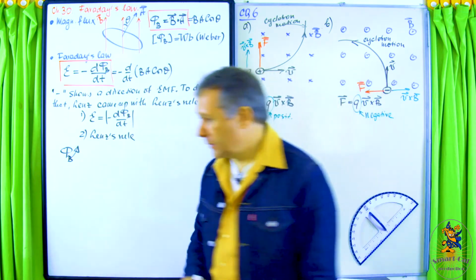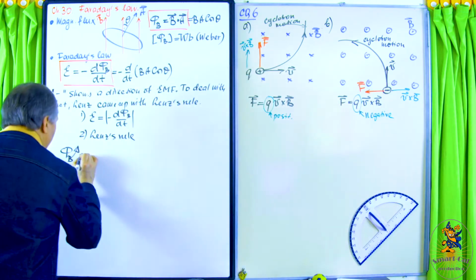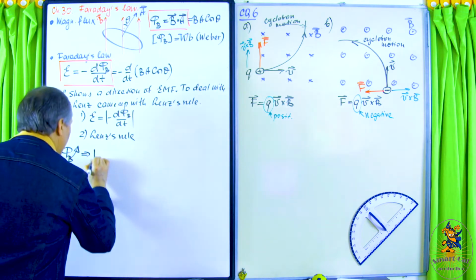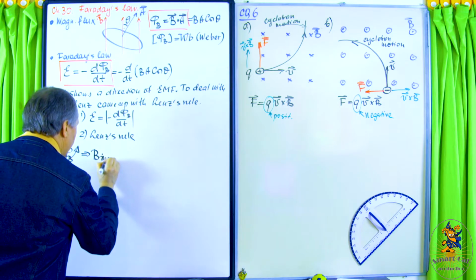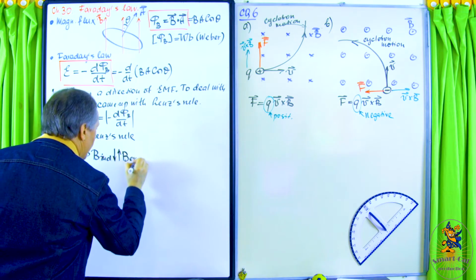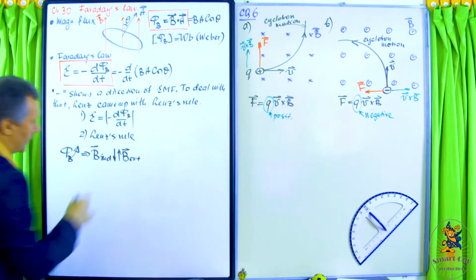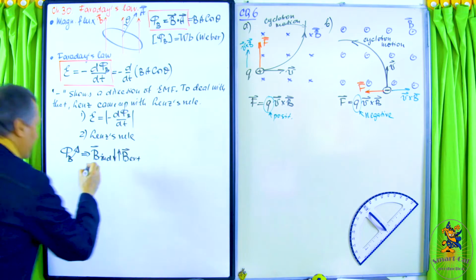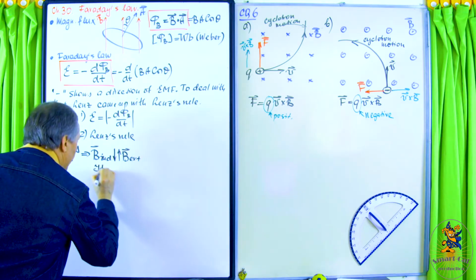First situation. And if flux is growing, again, you remember the system rebels. In which way? It drives the current in such a direction so that the induced magnetic field will be in the opposite direction to the external magnetic field. You see? Arrows in the opposite direction, up and down. So I can write underneath, it rebels.